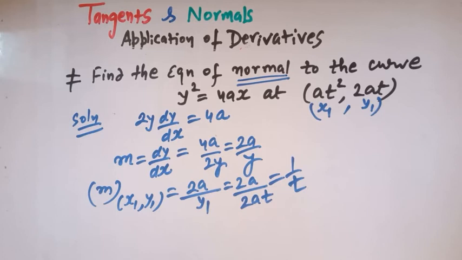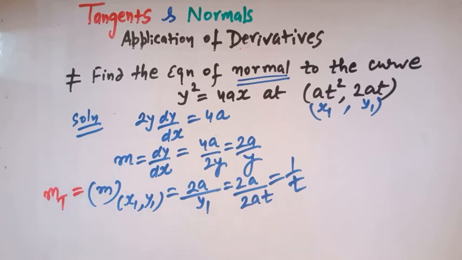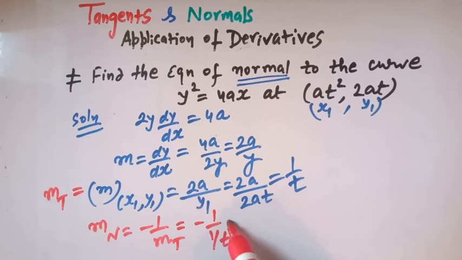Clear? Now this is the slope of the tangent. Clear? We denote it by mt. Now the slope of the normal is the negative of the reciprocal of the slope of tangent. So we have −1/(1/t), so this is equal to −t.